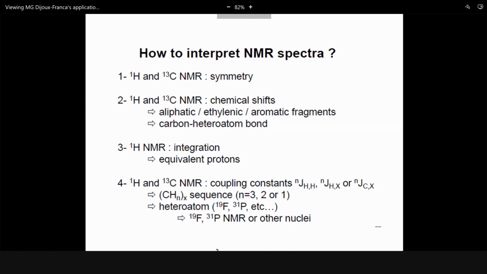So it's almost the end of this lecture. How can we interpret NMR spectra? It will depend on if we observe carbon or proton. For the proton, we will have more information because we can use the integration and also the multiplicity.